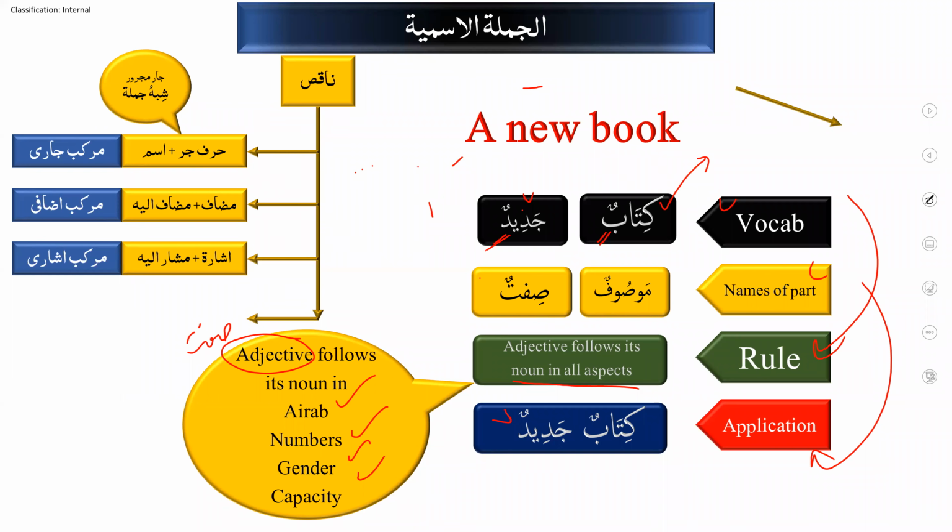If due to some reason kitabun becomes kitaban, jadidun will become jadidan, because it has to follow. Now, if I make it kitabani, it will be jadidani. If I make it kutubun, it will be jadidatun. You already know these rules.